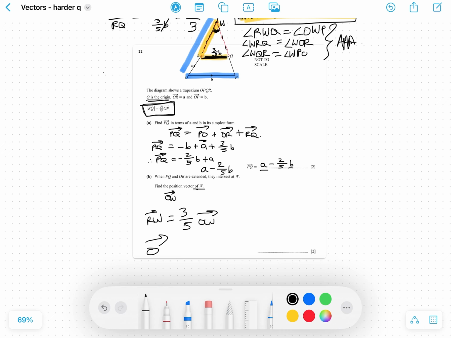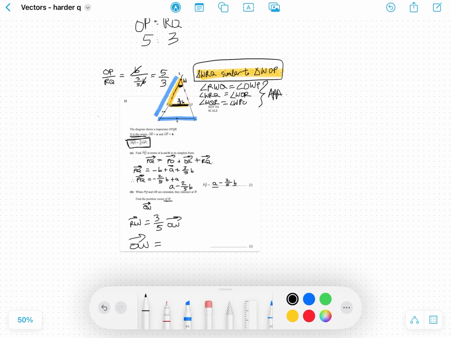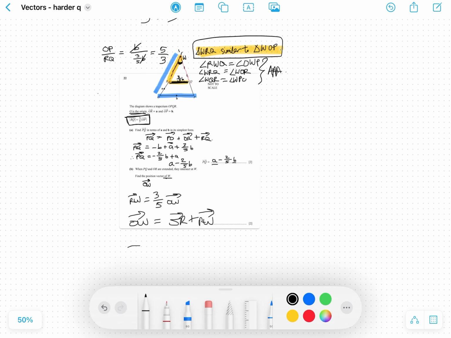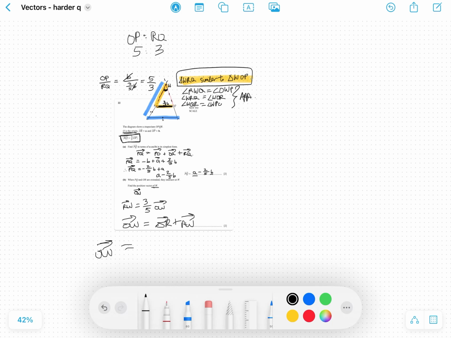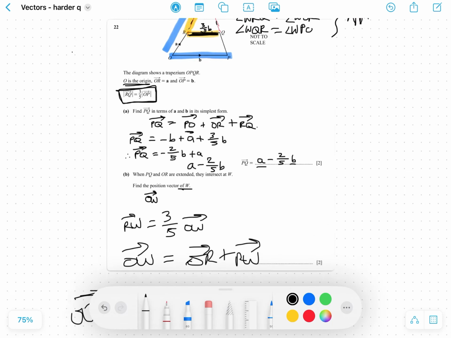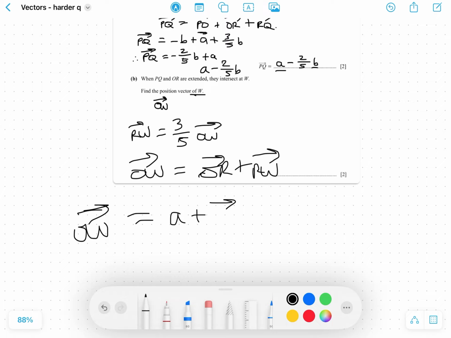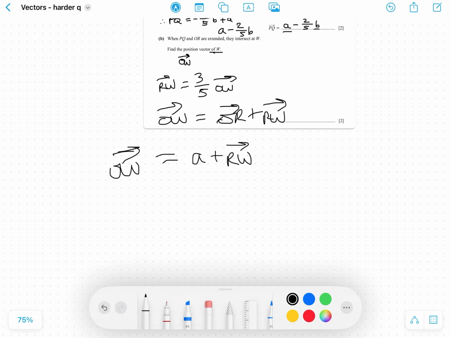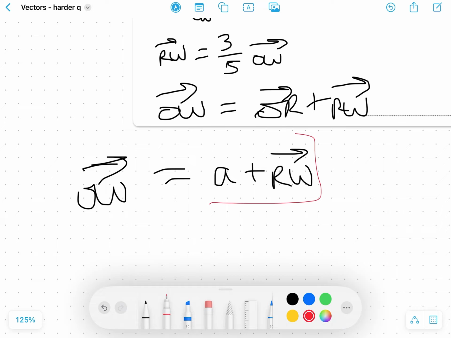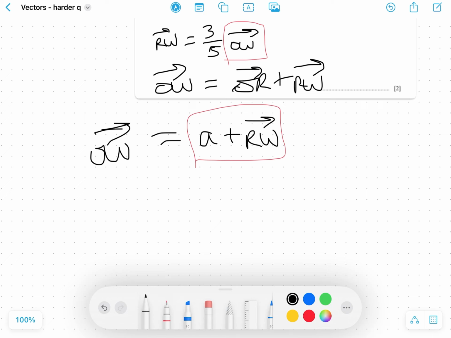And we know that OW is equal to OR plus RW, where OR is given to us as A, plus RW. So now let's just substitute this value in for OW here. So therefore RW equals 3 over 5 of A plus RW.